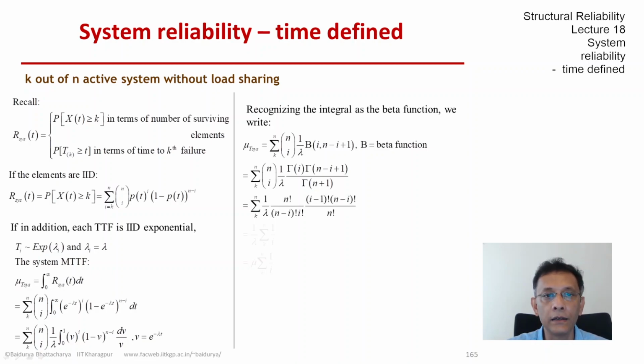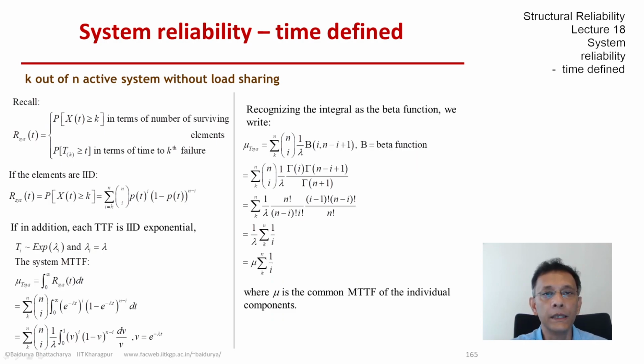So gamma n is n minus 1 factorial. With that definition, we can come to the final solution: the mean time to failure for the system is the mean time to failure of the element times an amplification factor, which is the sum of 1 over i going from k to n.